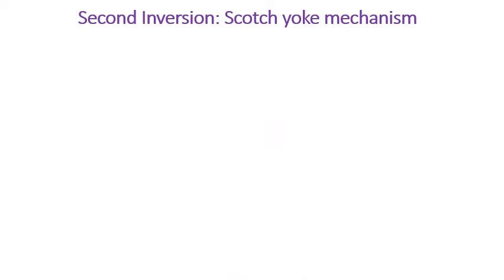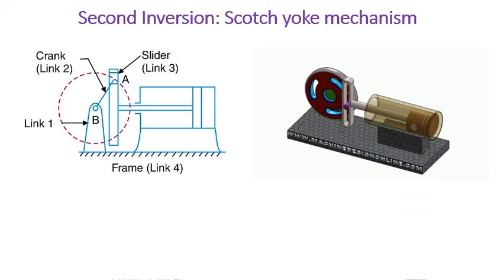So next one, second inversion of a double slider crank chain. The example for second inversion of double slider crank chain is Scotch yoke mechanism. So this is an example of second inversion of double slider crank chain. It also consists of four links.